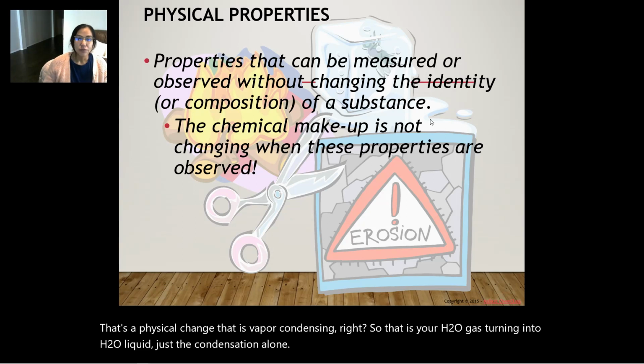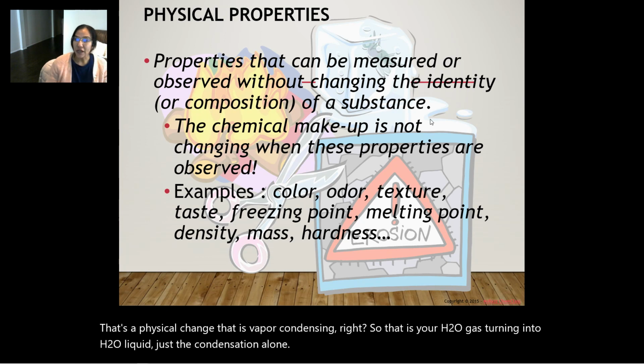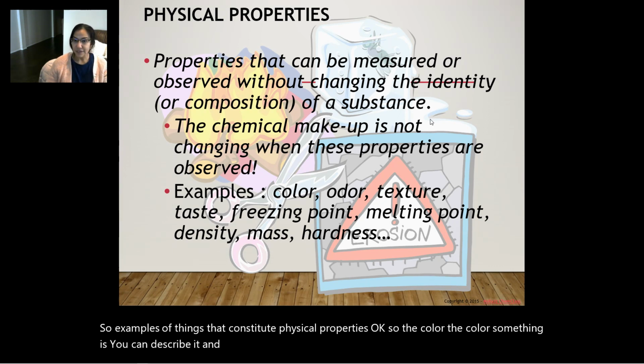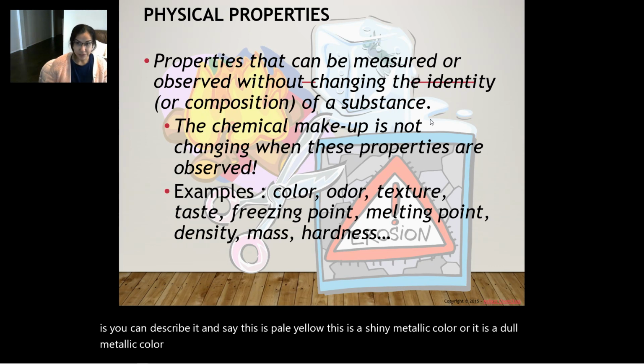Okay. So examples of things that constitute physical properties, okay? The color something is, you can describe it and say, oh, this is pale yellow. This is a shiny metallic color, or it is a dull metallic color. Okay. Odor, what does it smell like? Does it smell sulfuric?